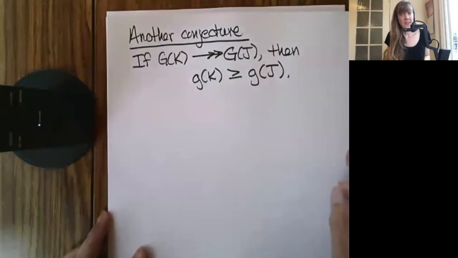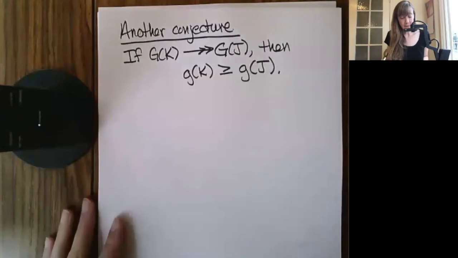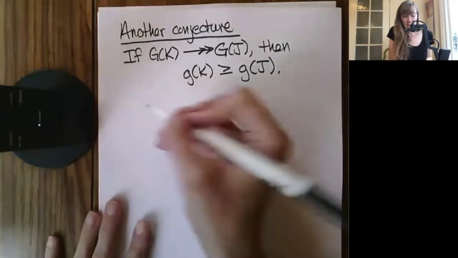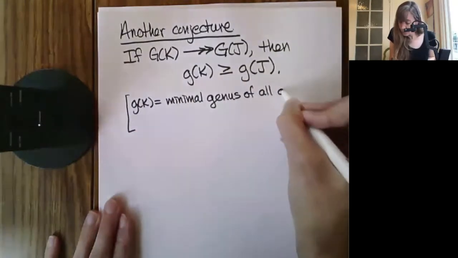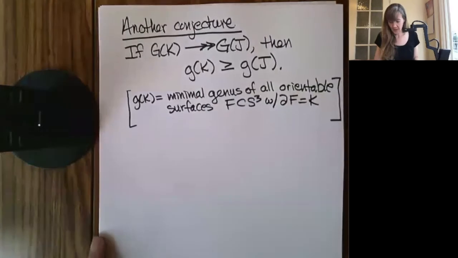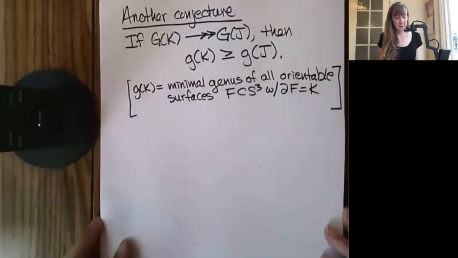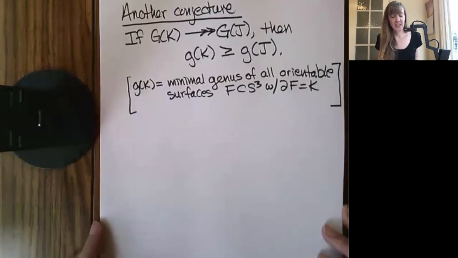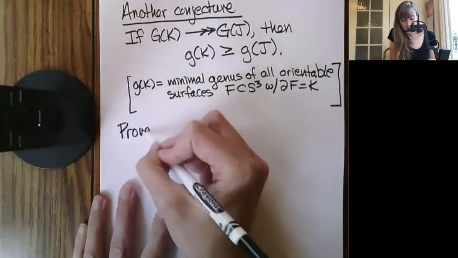It's the genus of the knot. So you're considering the minimal genus of all orientable surfaces with the knot K as their boundary. All right, so this conjecture, unlike the previous one, has not yet been proved true, but you can show that it's true in certain special cases.